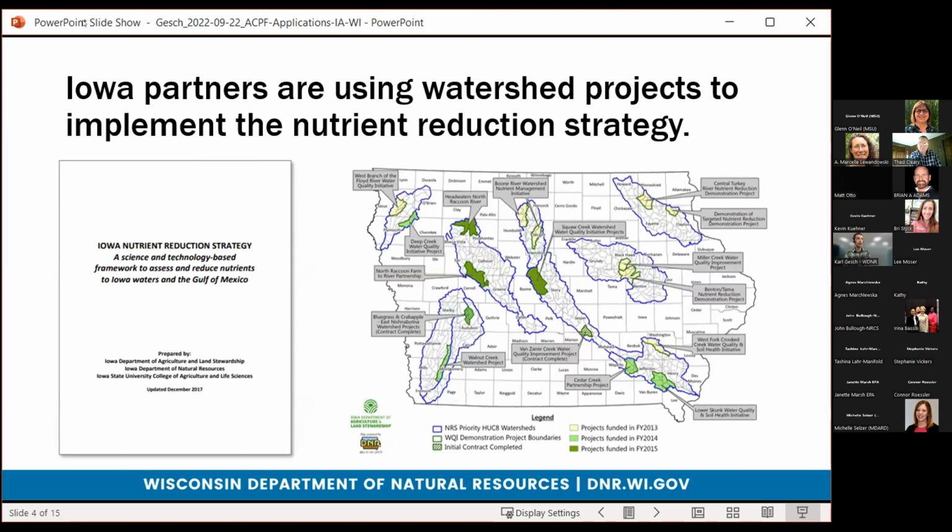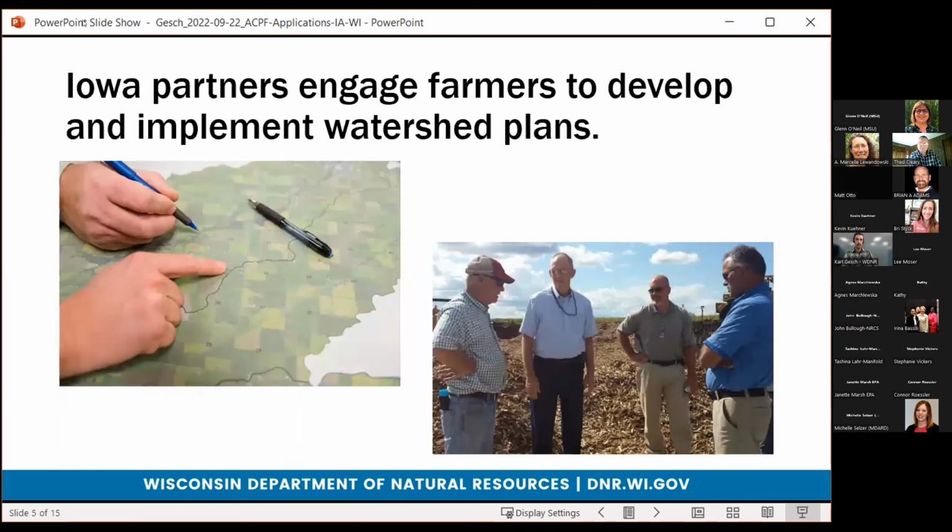One key approach that state is using to implement the nutrient reduction strategy is watershed demonstration and implementation projects in priority watersheds. These blue watersheds are HUC 8 watersheds. Nested within those, there are more local HUC 12 to HUC 10 scale watershed projects where the practices are being implemented more intensively with dedicated cost share dollars and also staff resources to provide technical assistance to farmers and landowners.